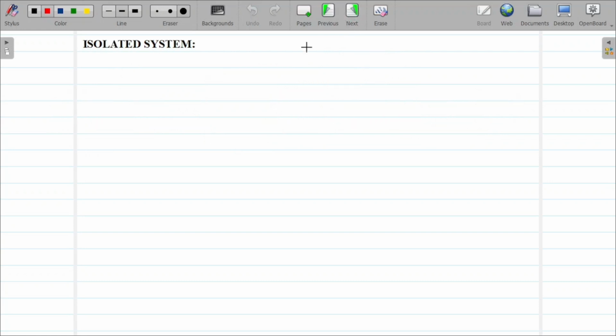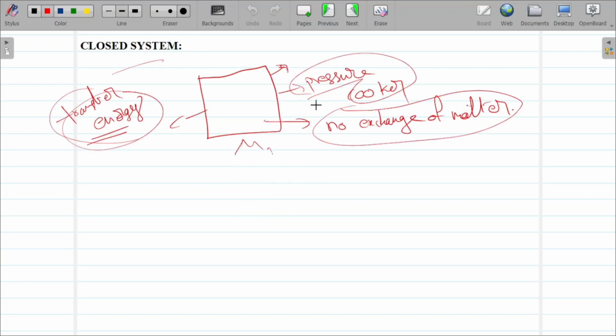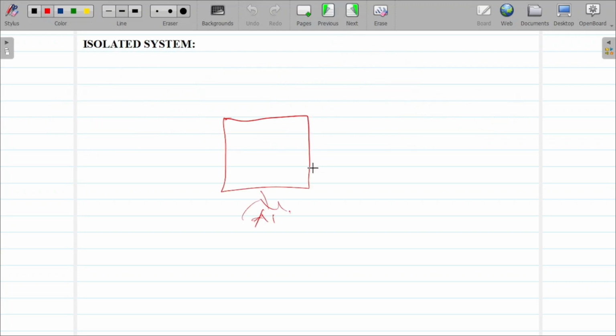Next, isolated system. What is meant by isolated system? Now you are giving heat here. So this is the system only, no? In this system, the liquid is closed. Before condition also it's closed only, but it's treated as a cooker. Now it is also closed.